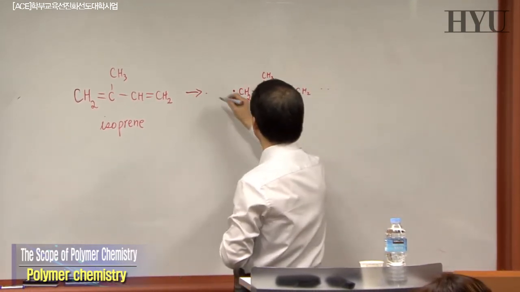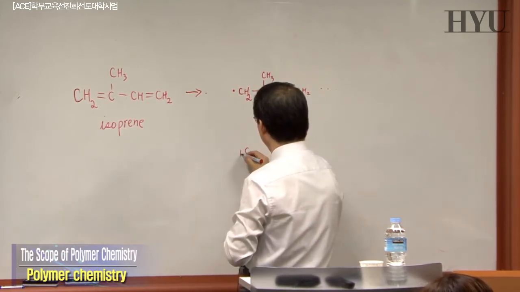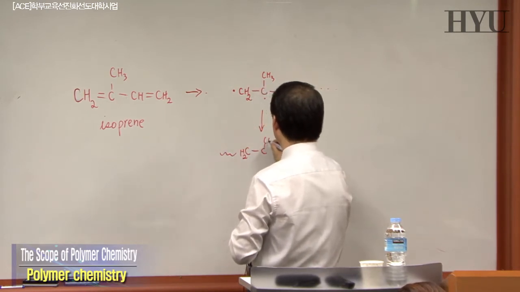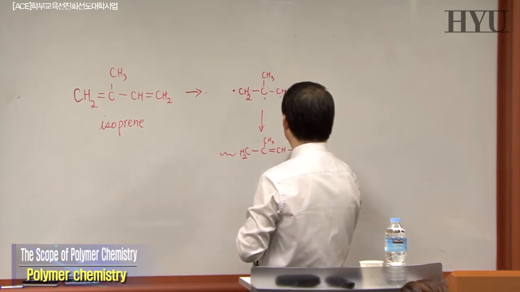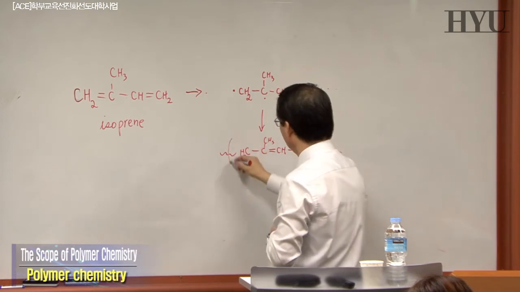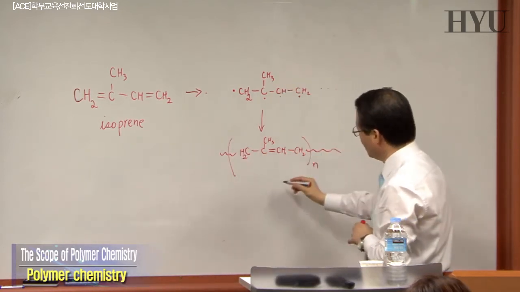You have many of these types of radicals, and CH2 at the end will form the linear polymer.